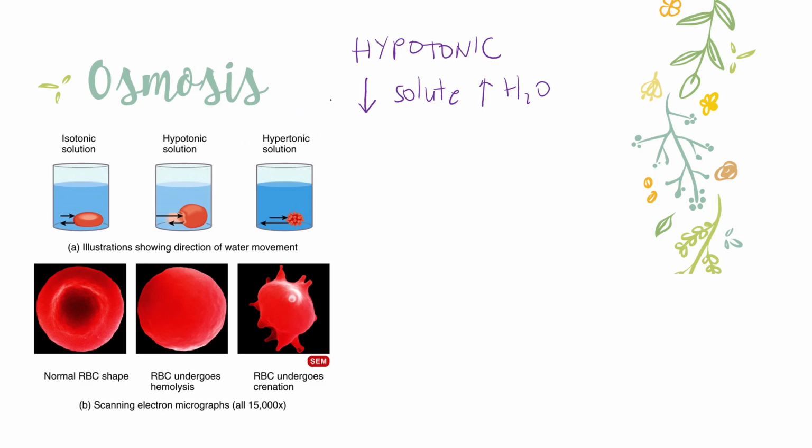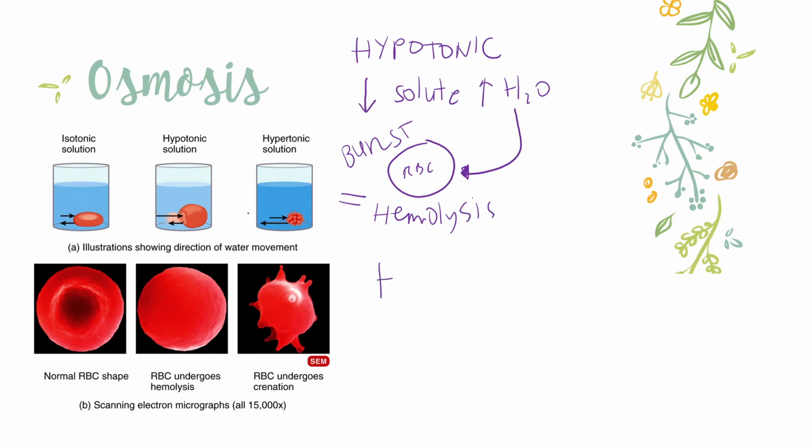Since there is more water outside, the tendency is that the excess water will be given to your red blood cells, causing them to swell, because of too much water. Until such time that it exceeds its capacity, say beyond 100%, it can burst, causing hemolysis.